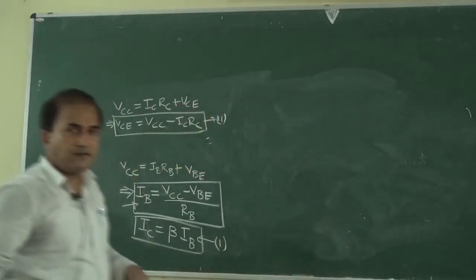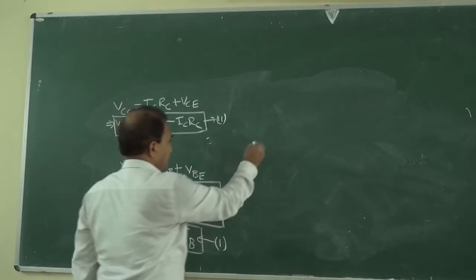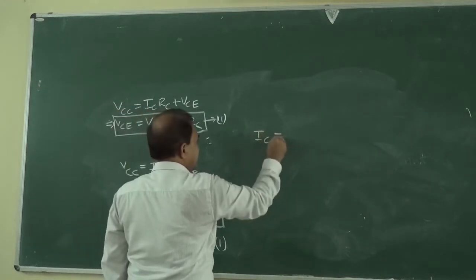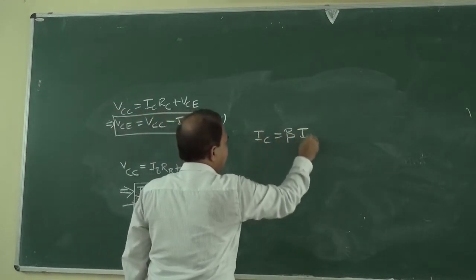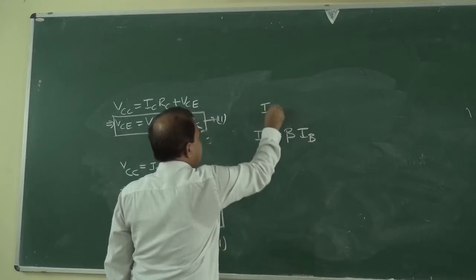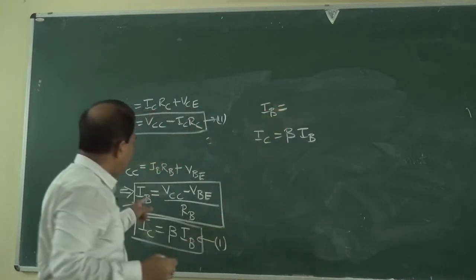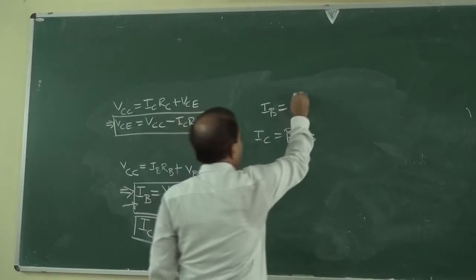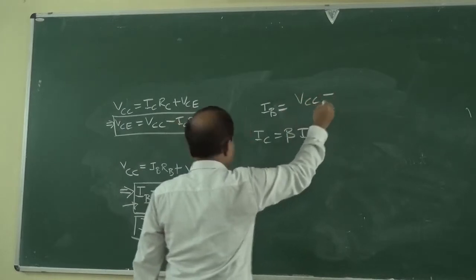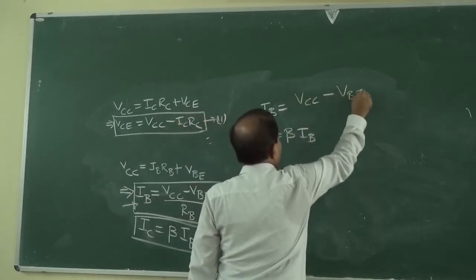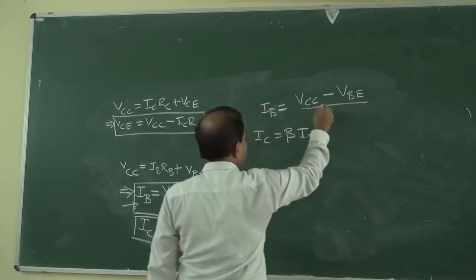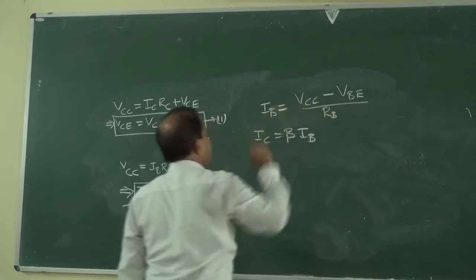So in case of fixed bias circuit, IC is equal to beta times IB, where IB is equal to VCC minus VBE divided by RB.